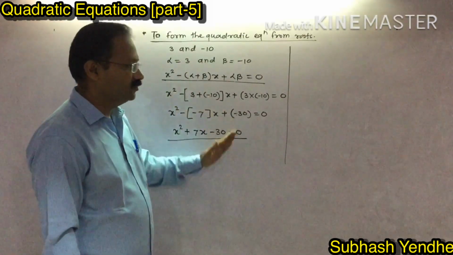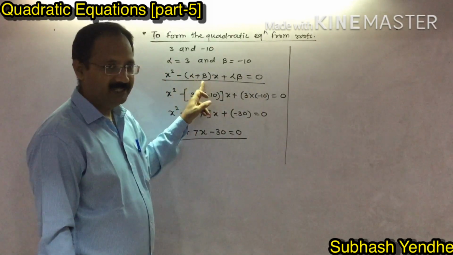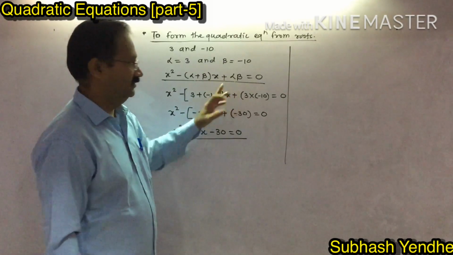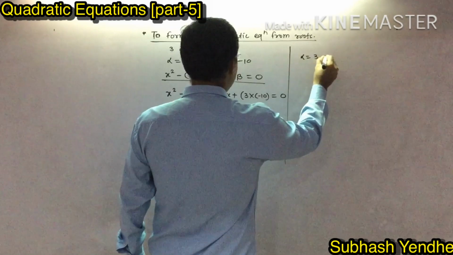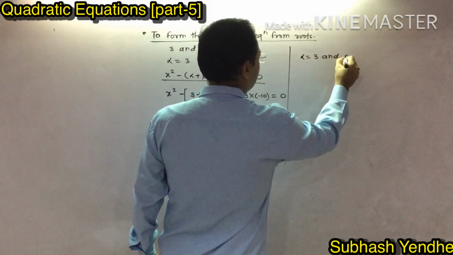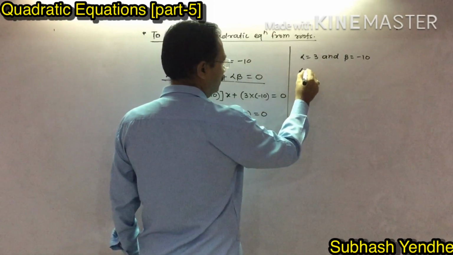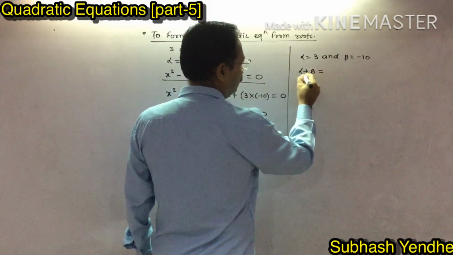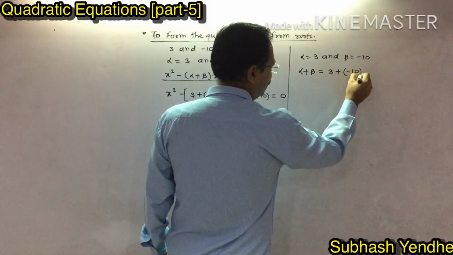Or we can solve it by finding the values of alpha plus beta and alpha beta first. So here I am going to write alpha equals 3 and beta equals minus 10. Let's find out the value of alpha plus beta first. Alpha is 3 plus beta is minus 10.